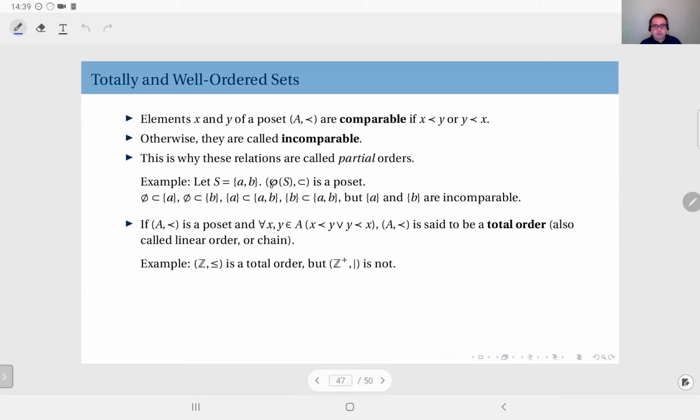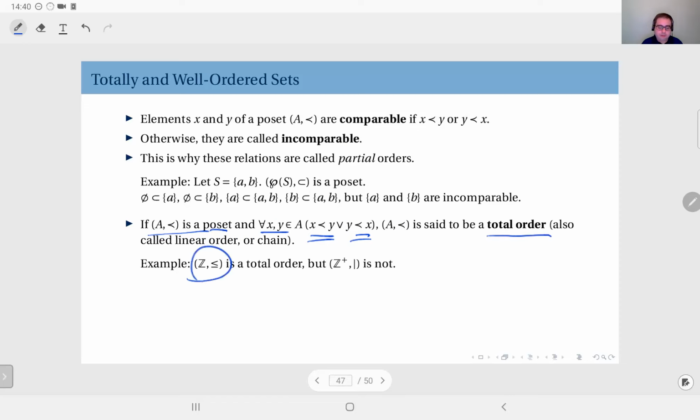If all elements can be compared, if they are comparable, like this is a poset, and for all x, y, x precedes y or y precedes x. One of these is true for all x, y pairs. In this case, which means there is no incomparable elements, then we say this is a total order, okay?